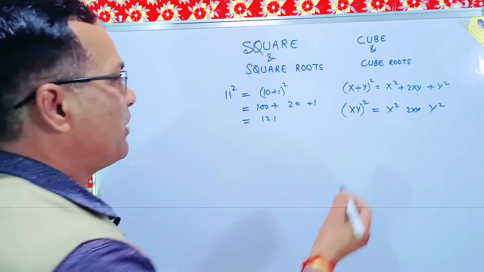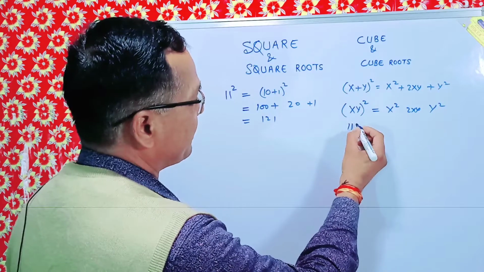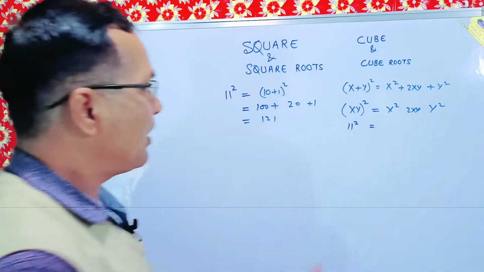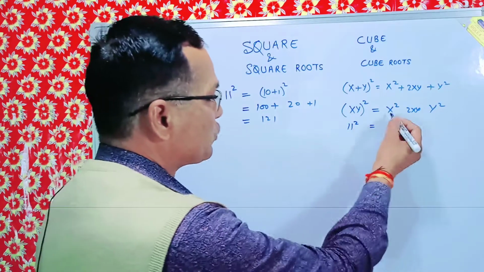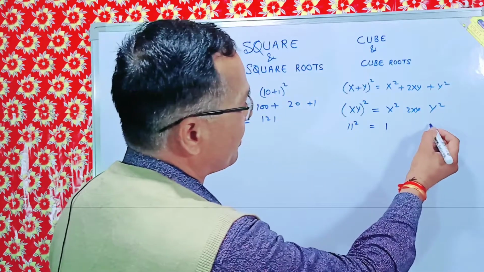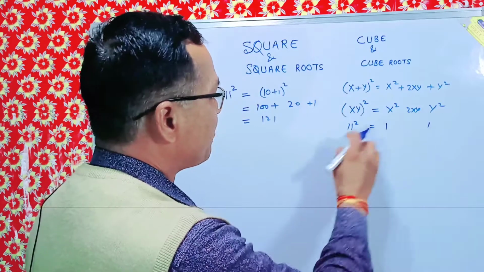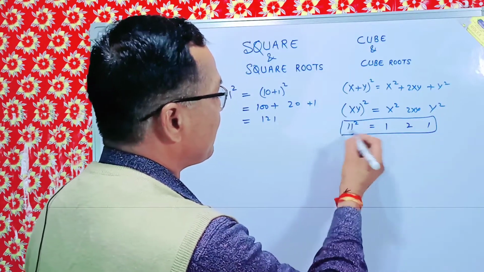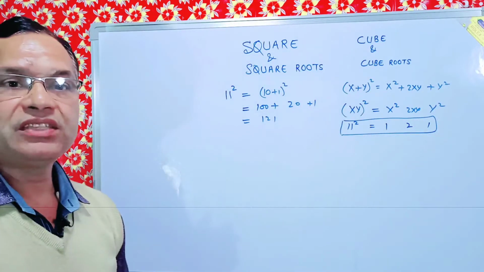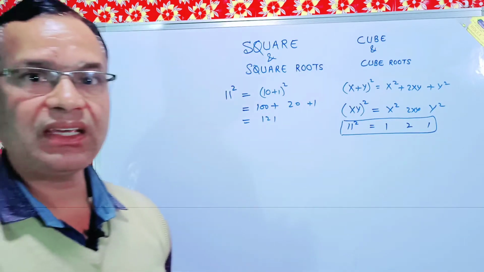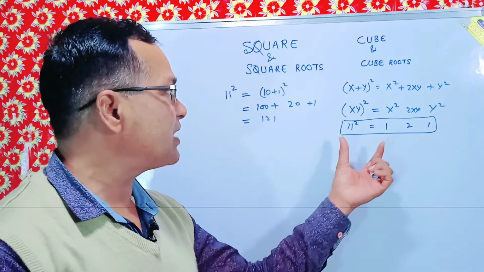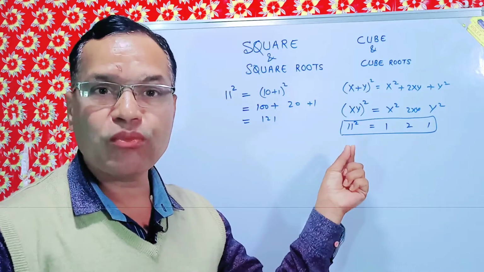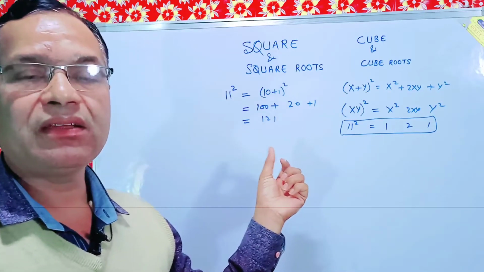Based on this concept also, if I take the square of 11, I will see 1 square 1, 1 square 1, and twice of these numbers 2. So that way also we are getting the same answer.